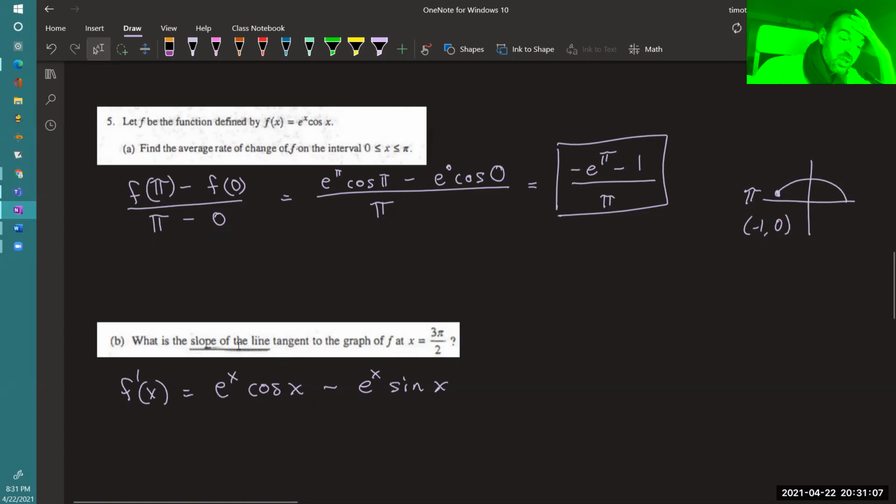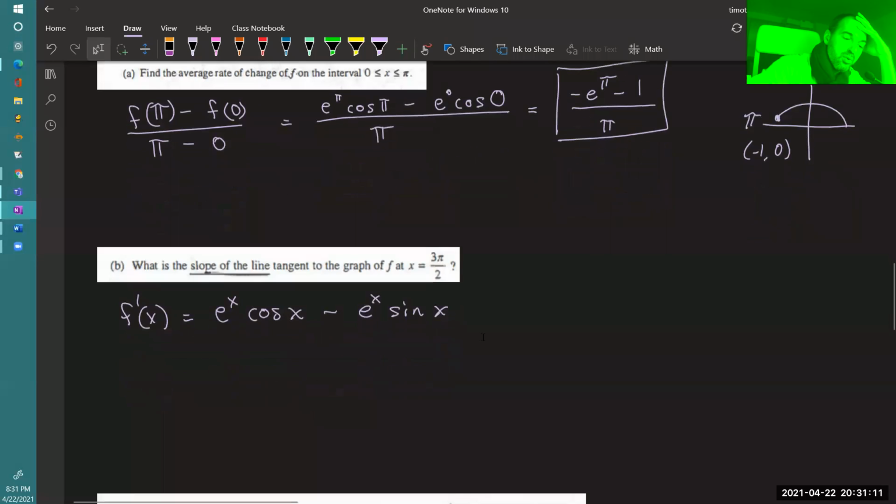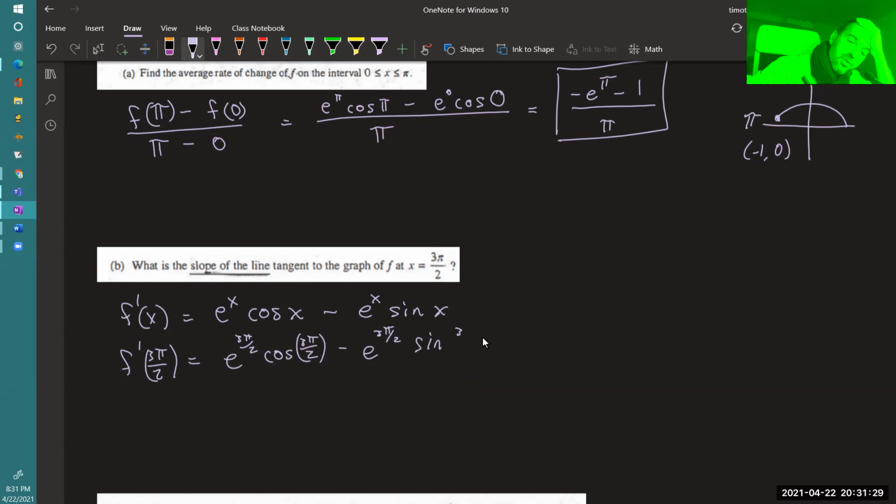So now the question is what do I want to do with this? I want to evaluate this at 3 pi over 2. So f prime of 3 pi over 2 is going to be e to the 3 pi over 2 cosine of 3 pi over 2 minus e to the 3 pi over 2 and sine of 3 pi over 2. Now, what is 3 pi over 2?